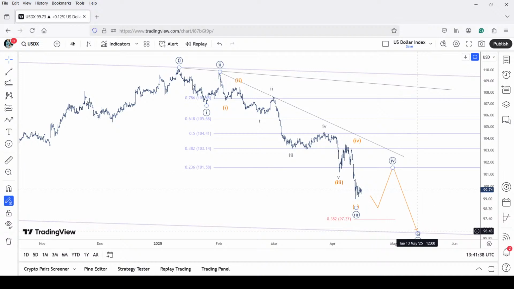Overall, it looks like we are heading lower towards 97, 95 levels going forward. That is also the Elliott channel support line coming, so it would be very interesting to see how the bounce comes up there. A complete cycle of 1500 points would finish, which started right on January 13, 2025.